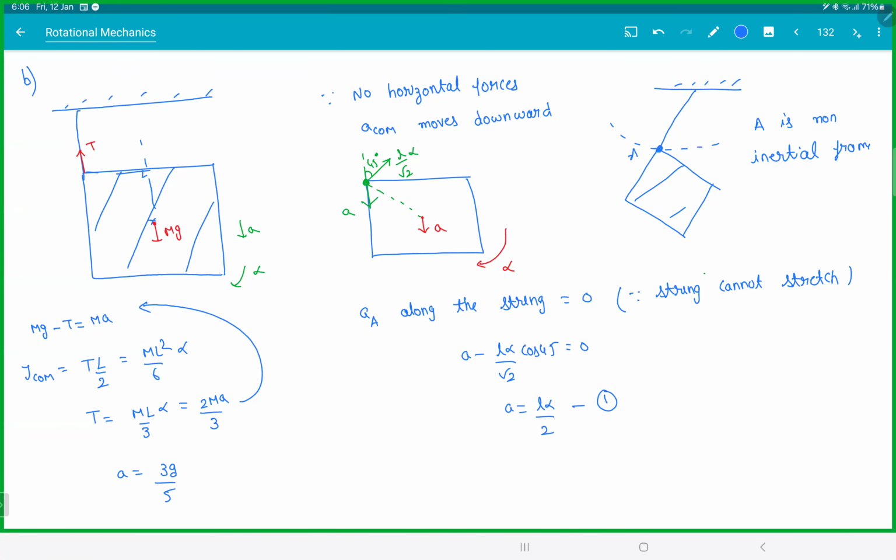T is ma by, yeah, looks right, right? L alpha is 2a, so 2ma by 3. I took it and kept it there. So it will be 2 by 3 plus 1 is 5 by 3. So looks right. Check. I hope I didn't do any calculation mistakes. Or did I? So once you got A, you're done, right? Once A comes, alpha will also come.